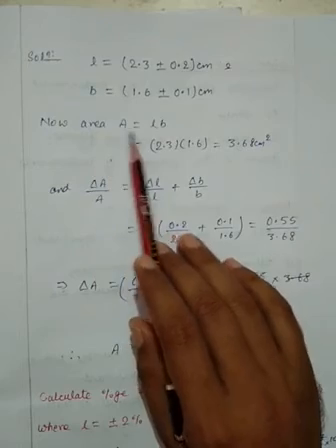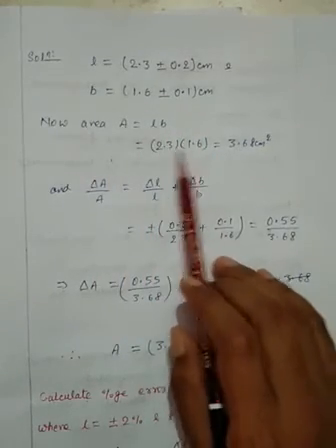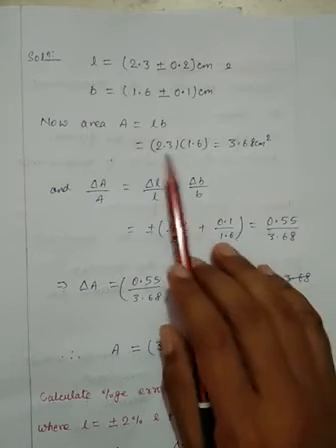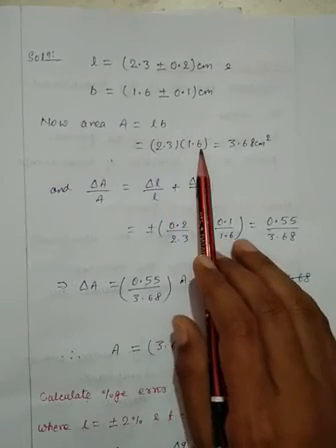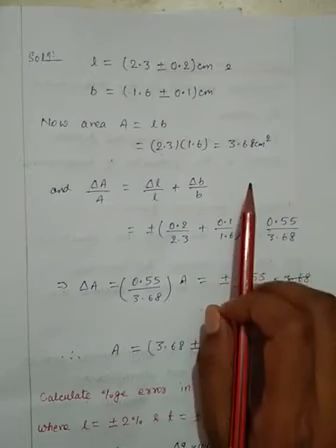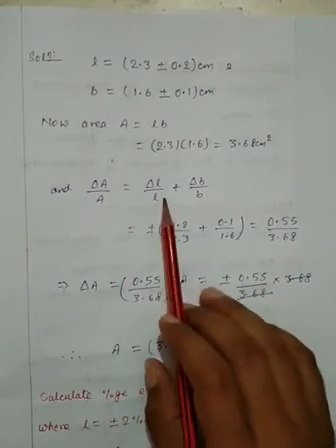Obviously, area A will be L times B, that is length into breadth. As we have already seen, we simply multiply the absolute parts, 2.3 and 1.6, which comes to 3.6, and for the error part we simply add up.